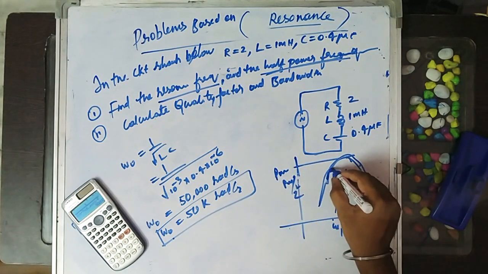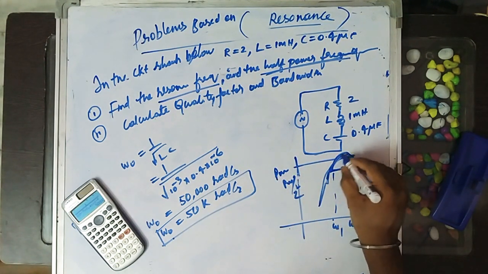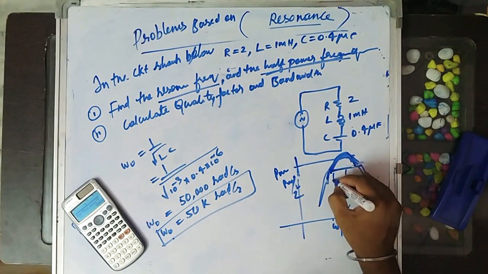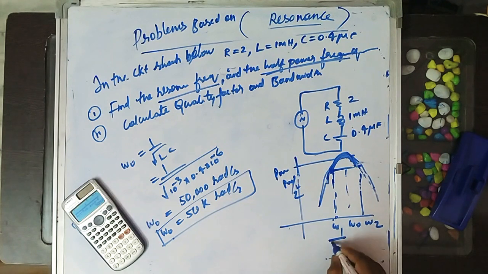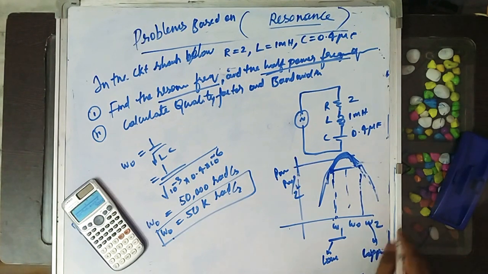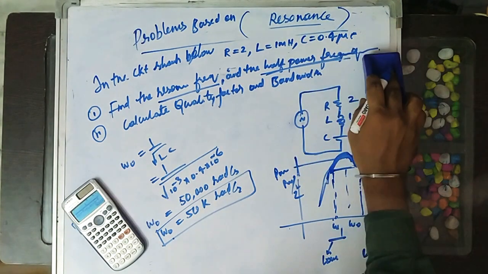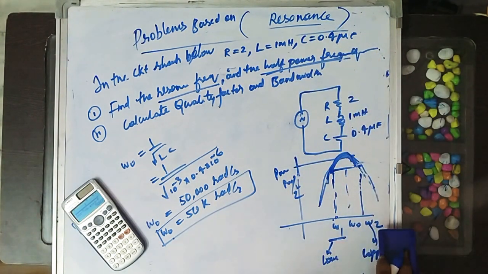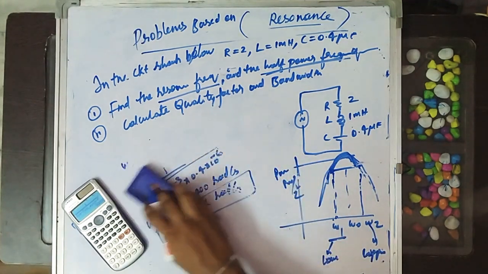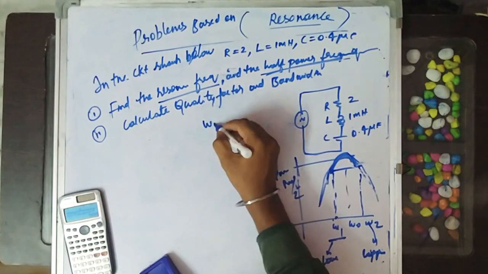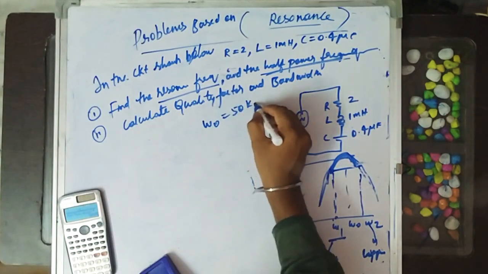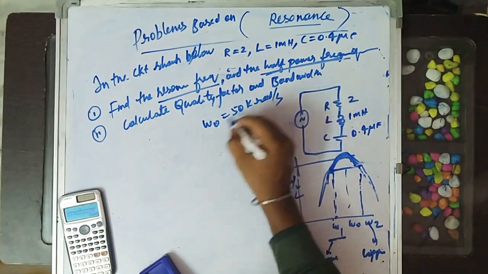This section is the resonance frequency, bandwidth section, and these power points are the half power points. Omega 1 is the lower half power, omega 2 is the upper half power. So lower half power frequency means we have to find omega 1 and omega 2. In general, what you got is omega naught equal to 50k radians per second.